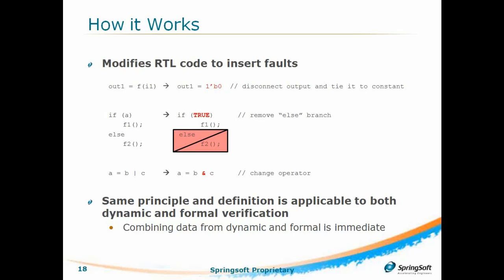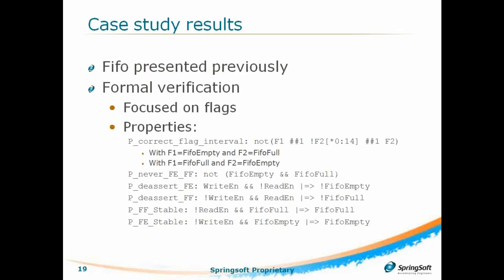One key point here is that the same principle and definition is applicable to both dynamic and formal verification. So it means that it's very easy now to combine results that you can get from dynamic and formal qualification. So in my case that I have presented previously, I will show you the type of results that I've got. So these are the properties I've leveraged from previous verification.